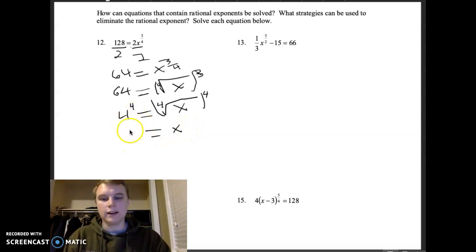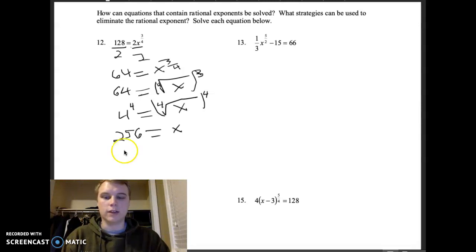And then the left side, 256 is 4 raised to the 4th power. You can check any of this on your calculator, but this should be the answer that you get. Otherwise, there may have been something you put in wrong, or you wrote down something wrong.